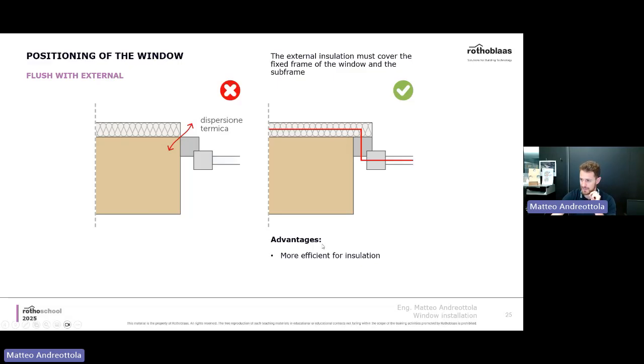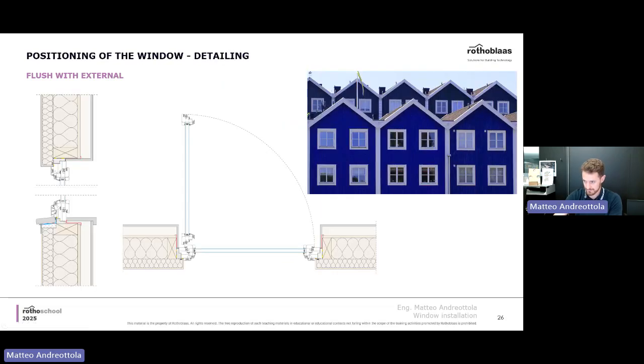This is to avoid cold bridge again. So this is way more efficient, and you can, by the way, potentially use the same insulation, keeping the same thickness. So this is actually a type of solution that I like very much, because of the simplicity, and this is easy to do.